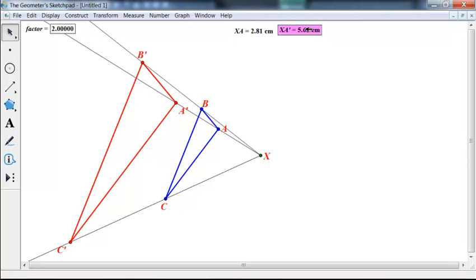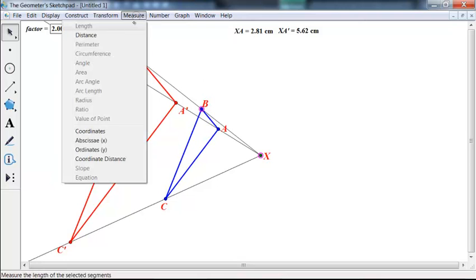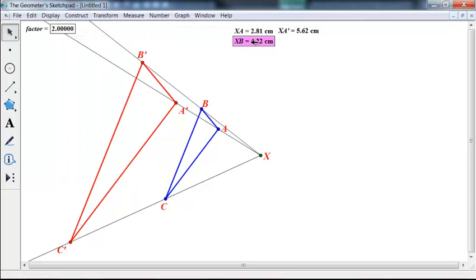Let's put that over here. And let's go from X to B, and then X to B prime. X to C, and from X to C prime.